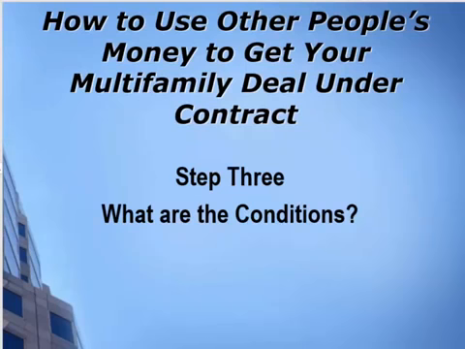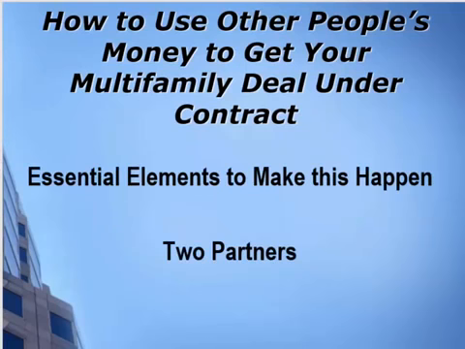So let's do a little bit of a review here when we think about what are the essential elements that we need to make this happen. We need two partners. We need people that understand this business and understand how this process works. And what I do is I have what I like to say my stable of earnest money deposit partners who are willing to step up to do this.